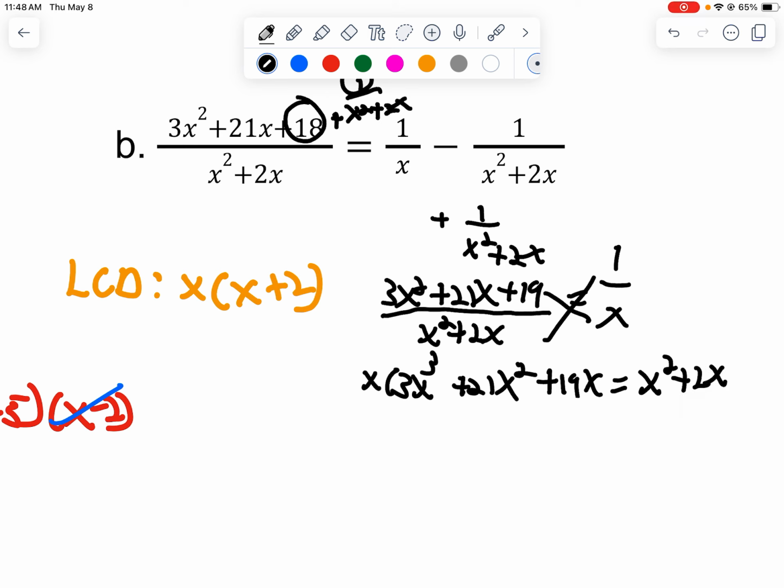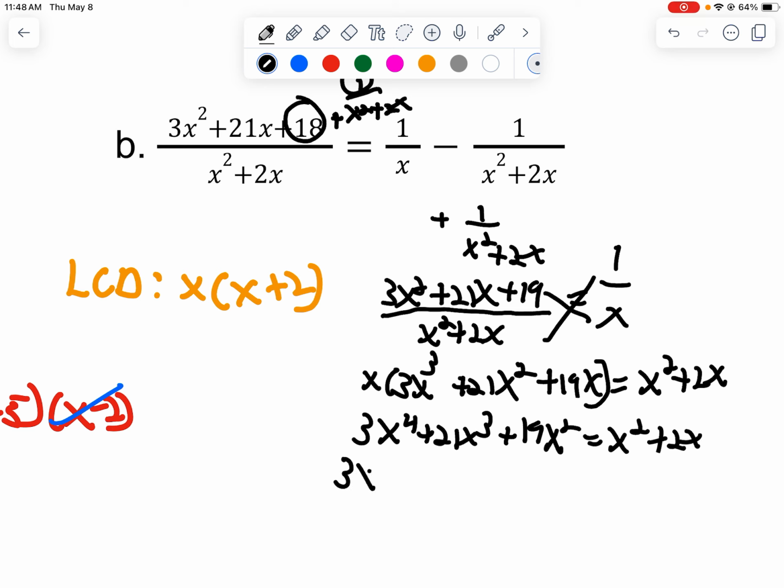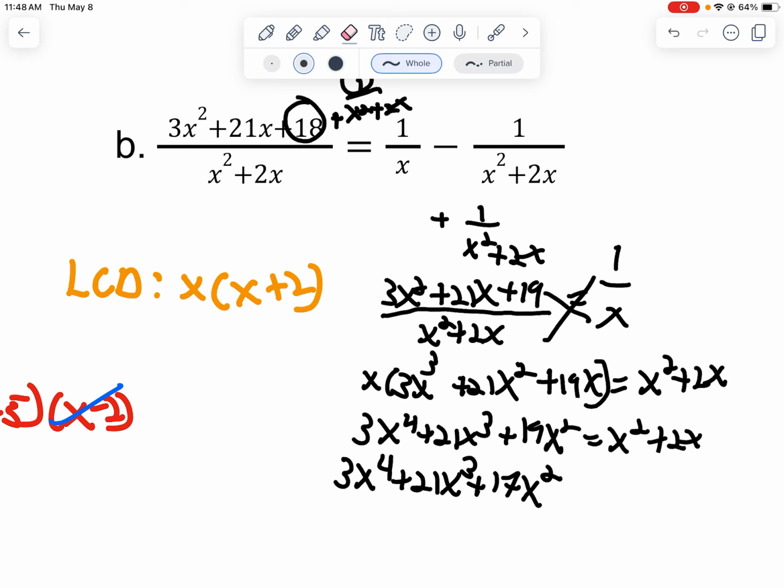All right. So distributing the x on the left, that's 3x to the fourth plus 21x cubed plus 19x squared equals x squared plus 2x. Subtracting x squared, we get 3x to the fourth plus 21x cubed plus, subtracting, 17x squared, plus 18x squared.